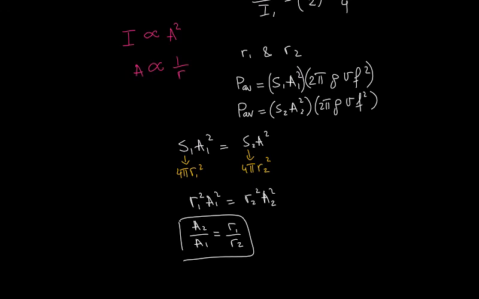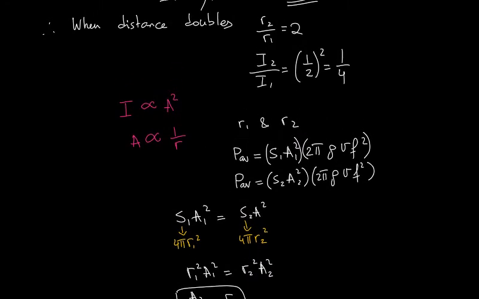If it's 3 times farther away, then the amplitude is 3 times smaller. So there is only one difference: the intensity decreases by the inverse square law, while the amplitude decreases simply inversely.